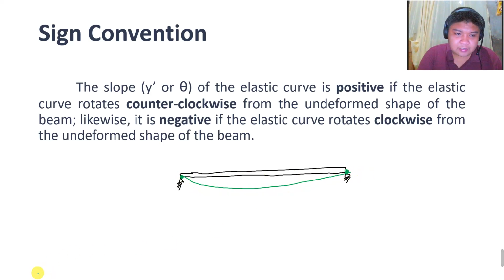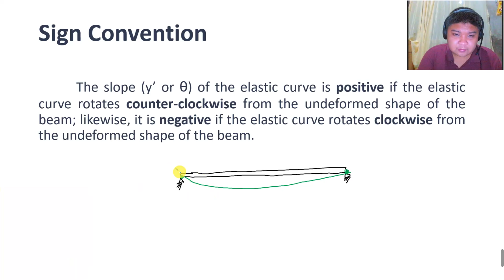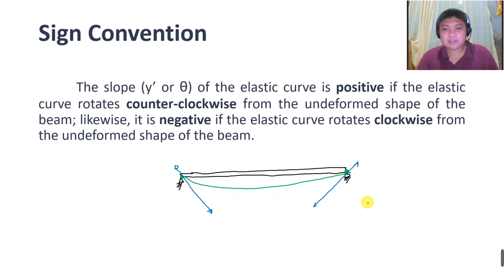And maglagay lang ako, class, ng slope. Ito yung dalawang slope natin. So, syempre, this is the slope of the line. Considering this undeformed portion, class, dito sa kanan, umikot siya counterclockwise. So, this theta is positive.